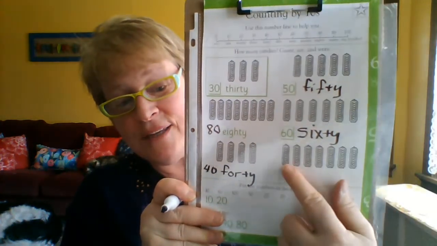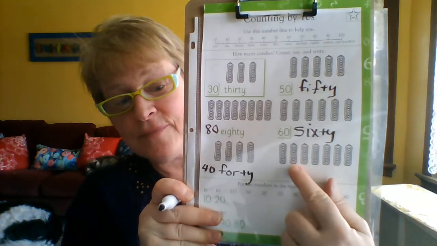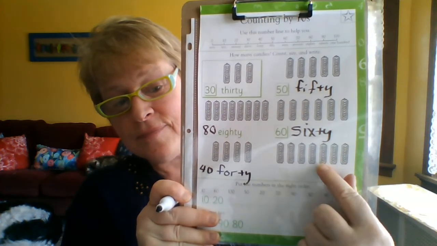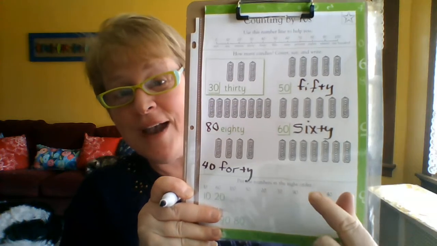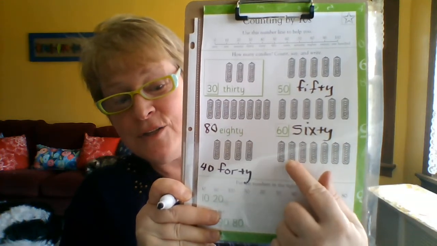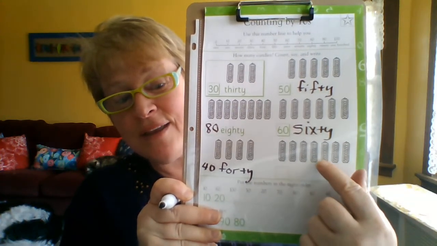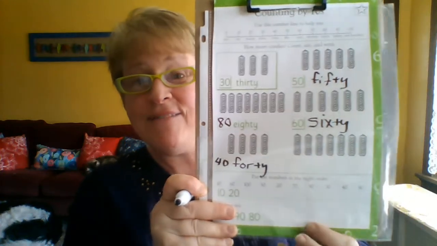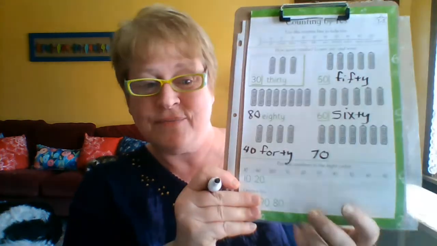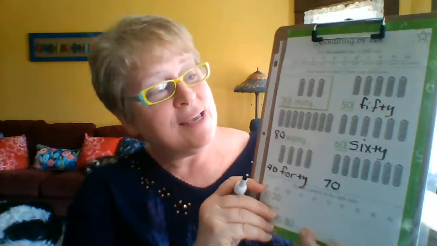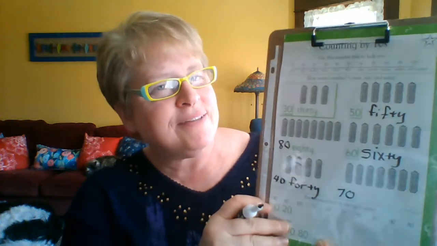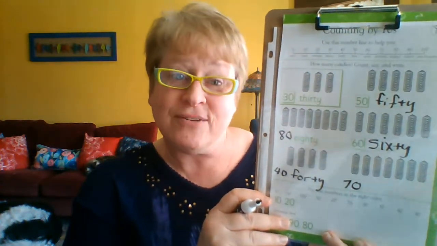All right, our last one. Let's count by 10. You do it first. All right, good job. 10, 20, 30, 40, 50, 60, 70. So we're going to write 7 tens and 0 ones. That's what 70 means. Now, to write the word 70, we're going to write the word 7 first.